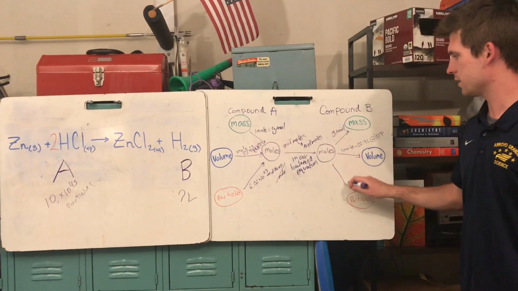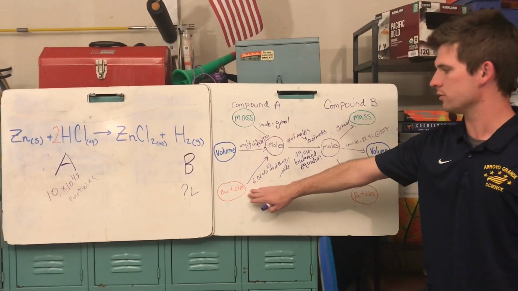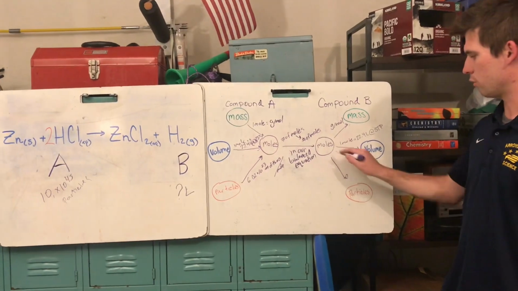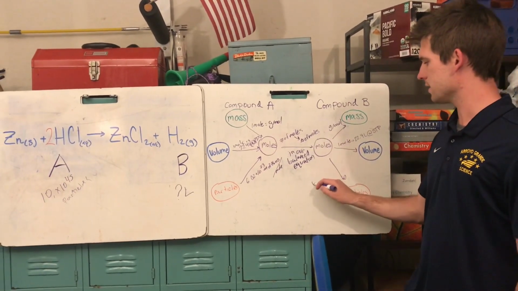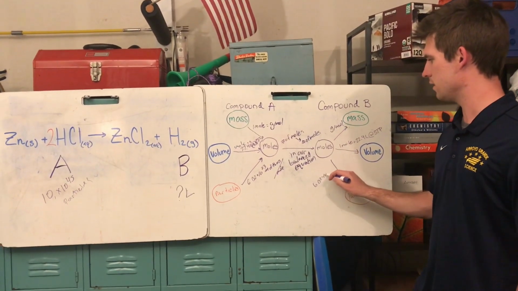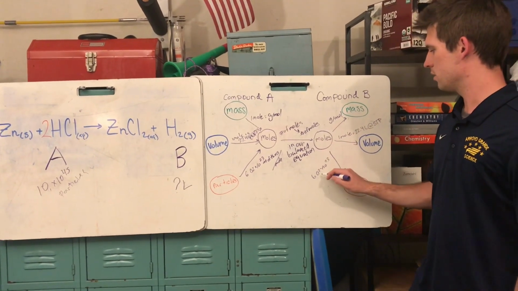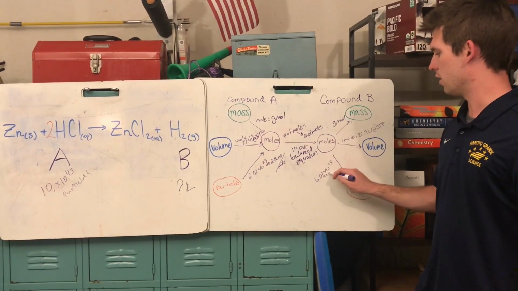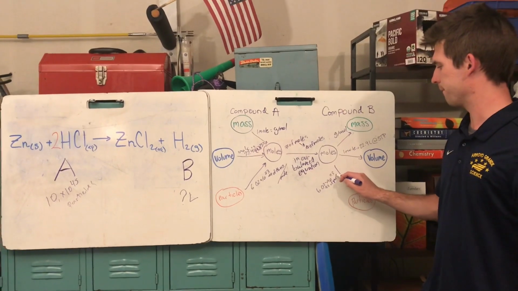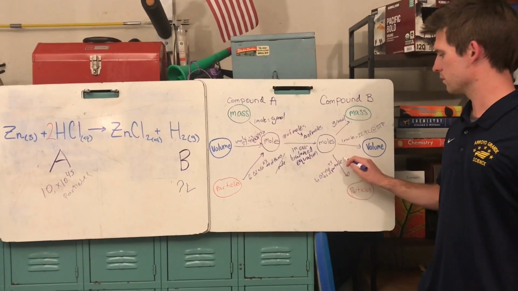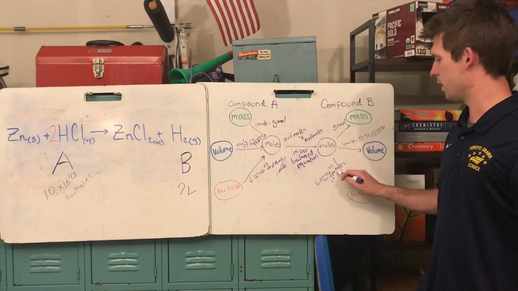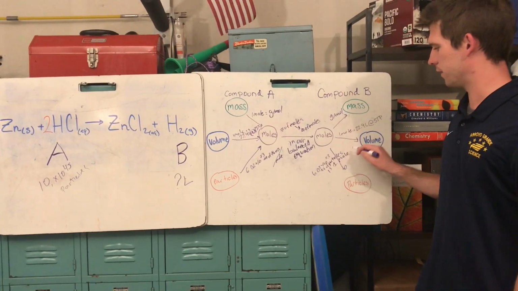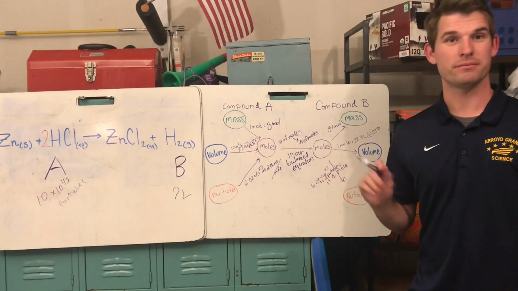And the same conversion here that we used, from moles to particles, we know that 6.02 times 10 to the 23 number of particles is 1 mole. Wow, my handwriting is not great, but that's okay.